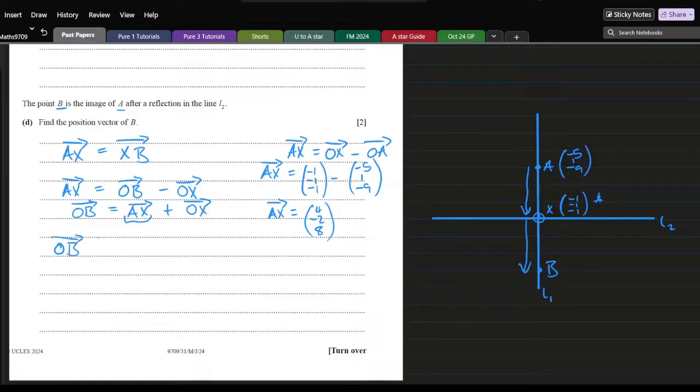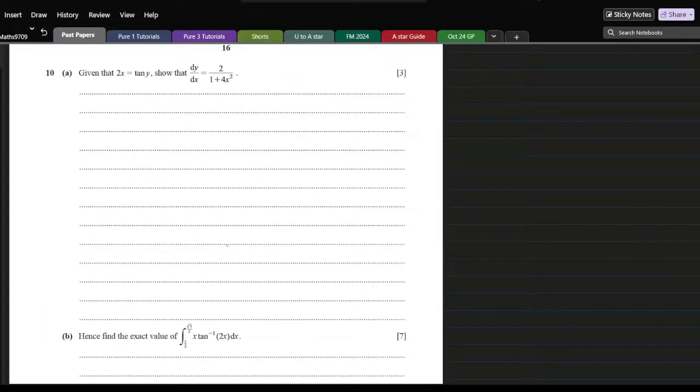OB is equal to AX, which is 4, negative 2, 8, plus OX, which is negative 1, negative 1, negative 1. So therefore, our OB must be equal to 4 minus 1, which is 3, negative 2 minus 1, which is negative 3, 8 minus 1, which is 7. And this here would be our final answer. Number 10, part A.